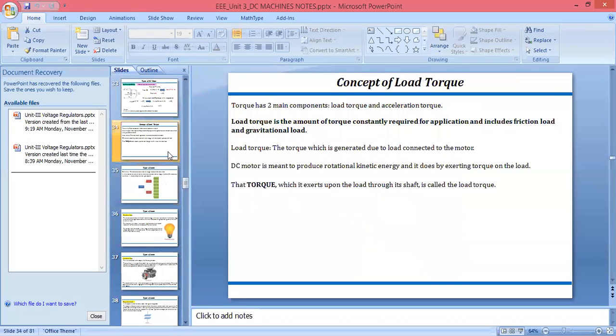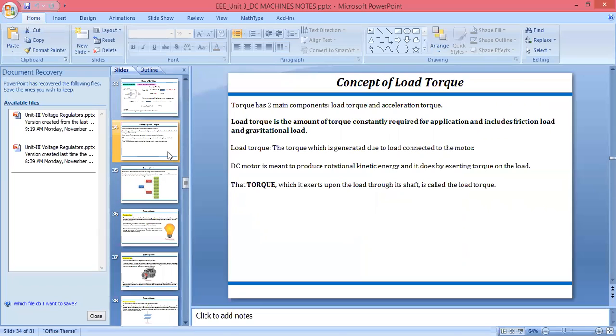So in today's session we have studied about load torque, and we know torque is a quantitative measure of the tendency of a force due to the rotational motion of the conductor. Conductor is nothing but here we are using an armature.